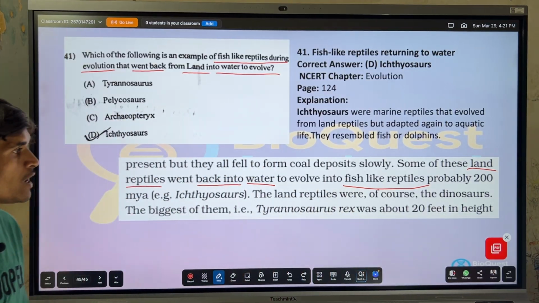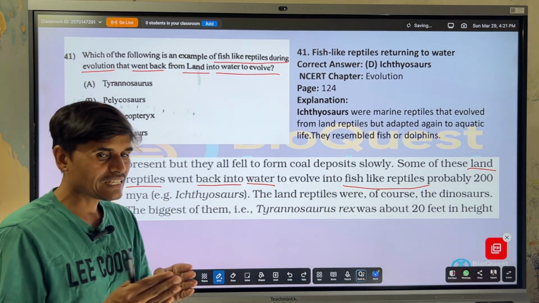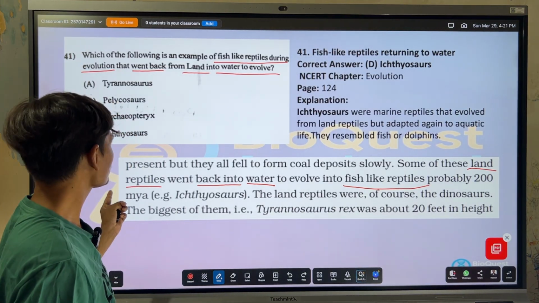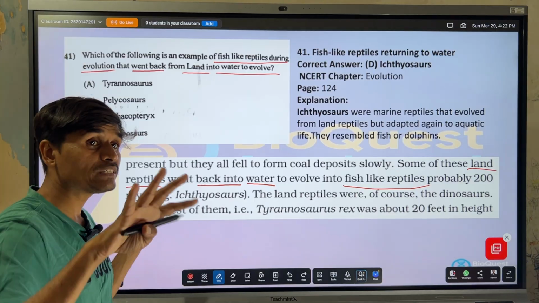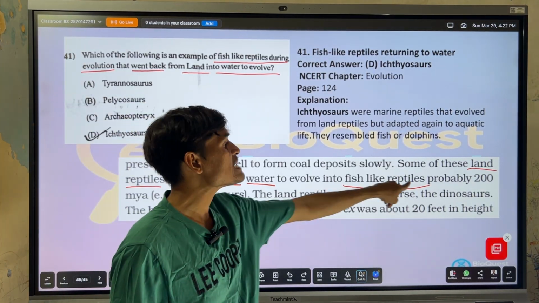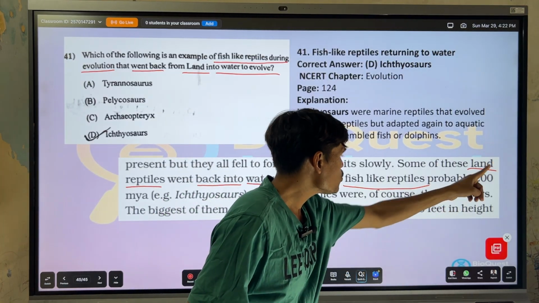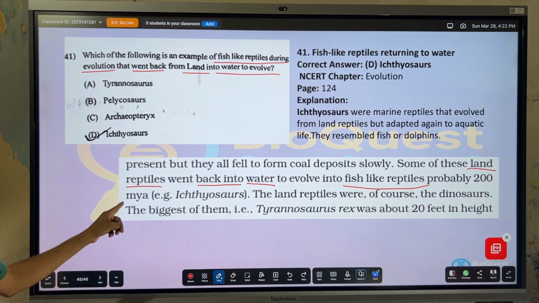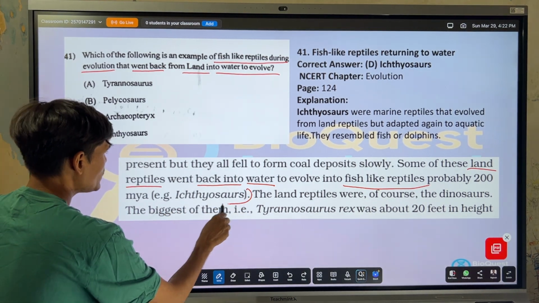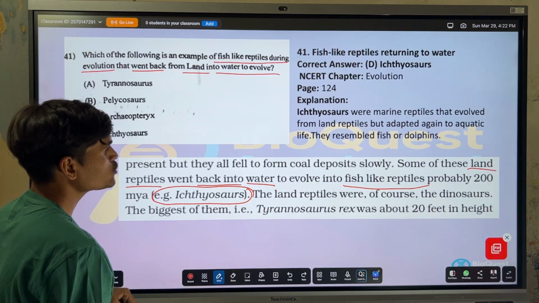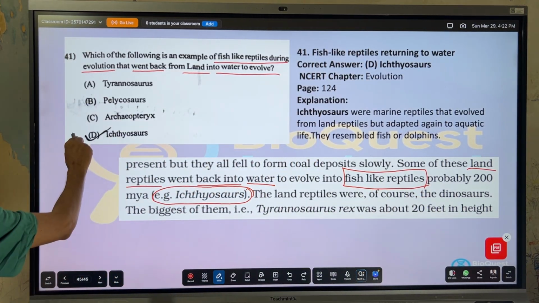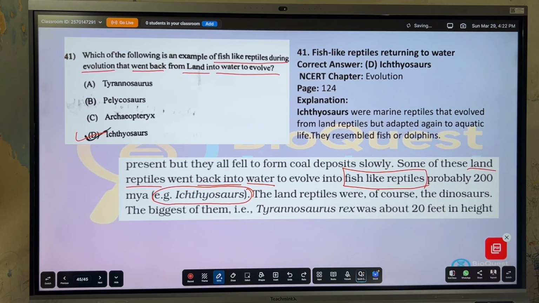First, these organisms came out of the water and evolved as reptiles, but some of those reptiles went back into the water to evolve as fish-like reptiles, probably 200 million years ago. An example is Ichthyosaurus, a fish-like reptile. So the answer is D.